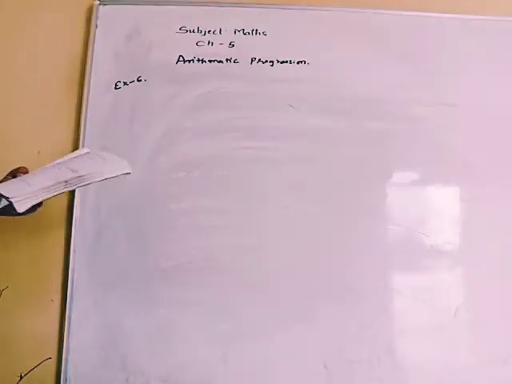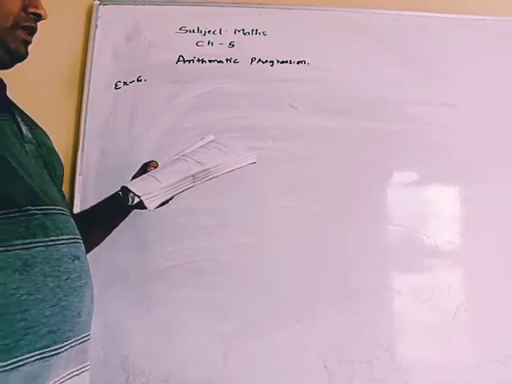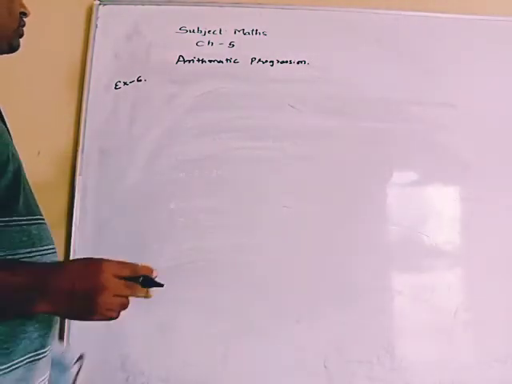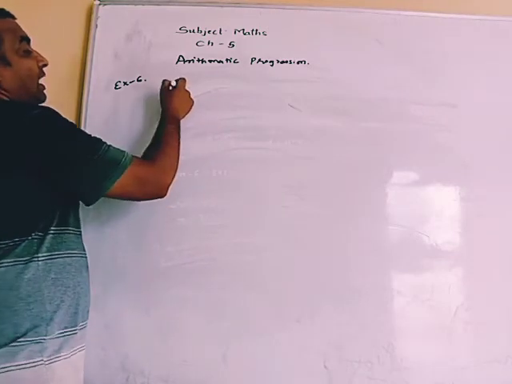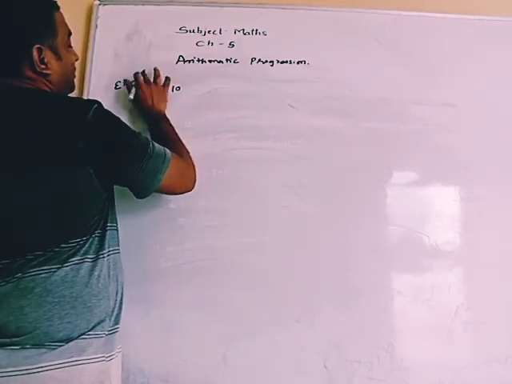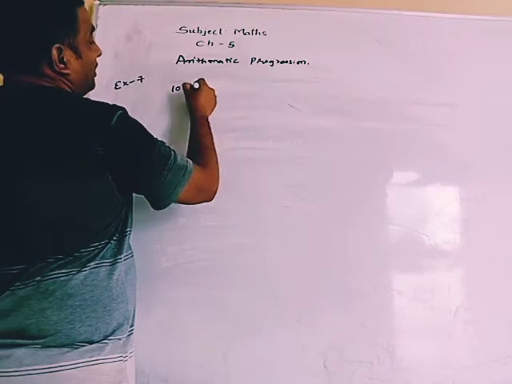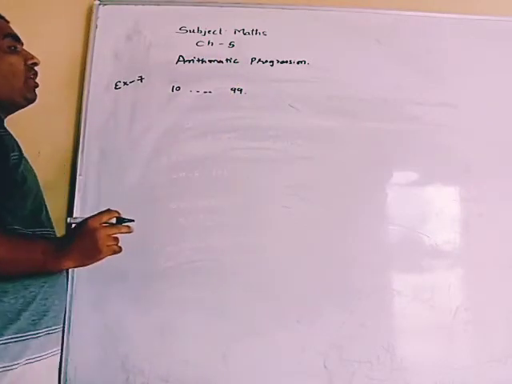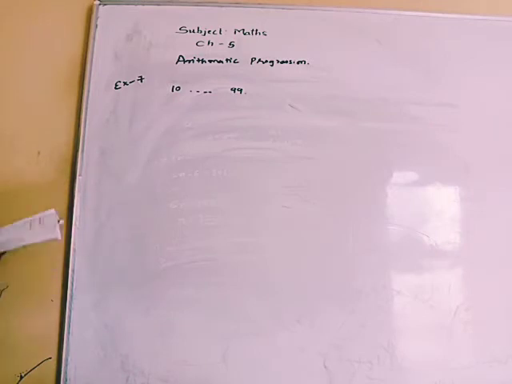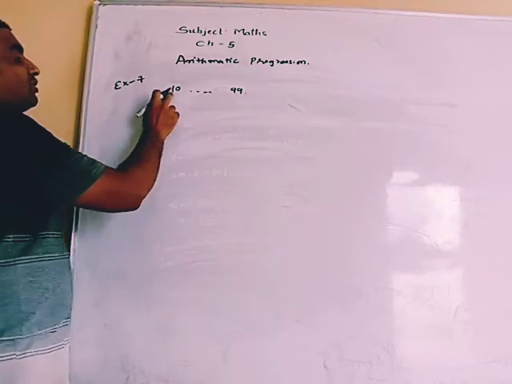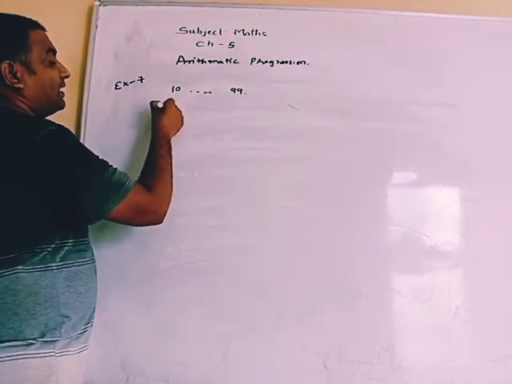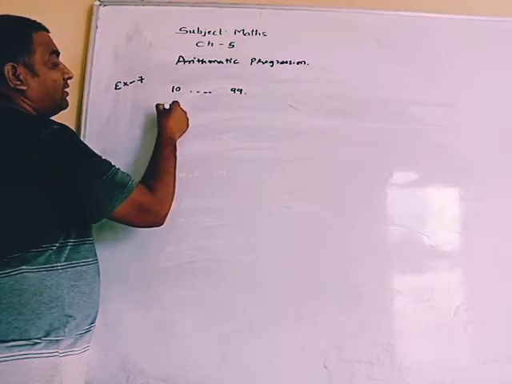Now question number 7: how many two-digit numbers are divisible by 3? Two-digit numbers start from 10 and go up to 99. Now we don't have to use all these numbers; we have to take those divisible by 3. 10 is not divisible by 3, so the first number divisible by 3 is 12.